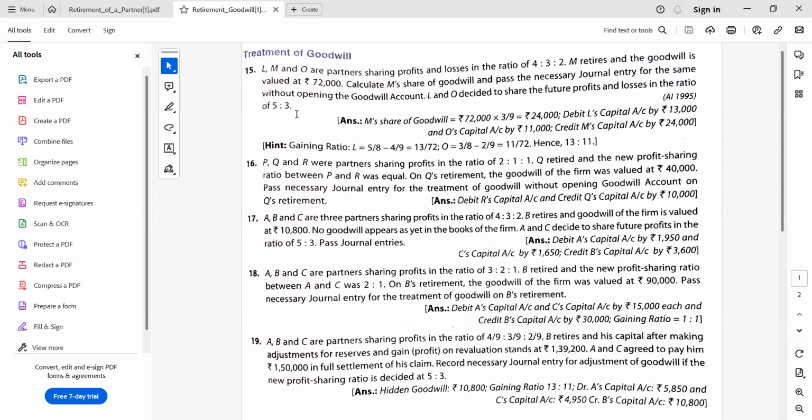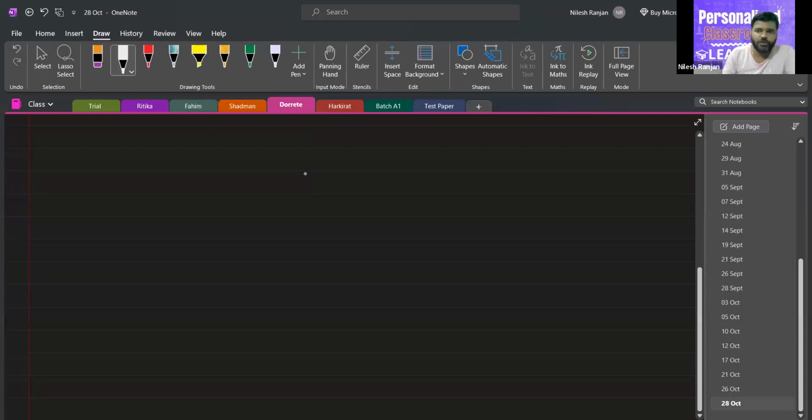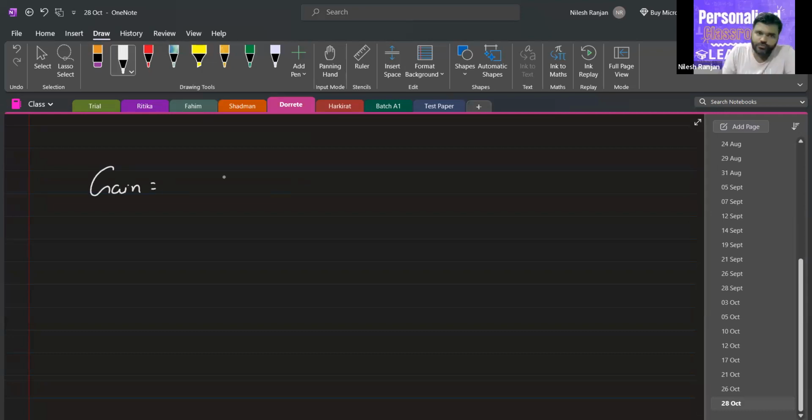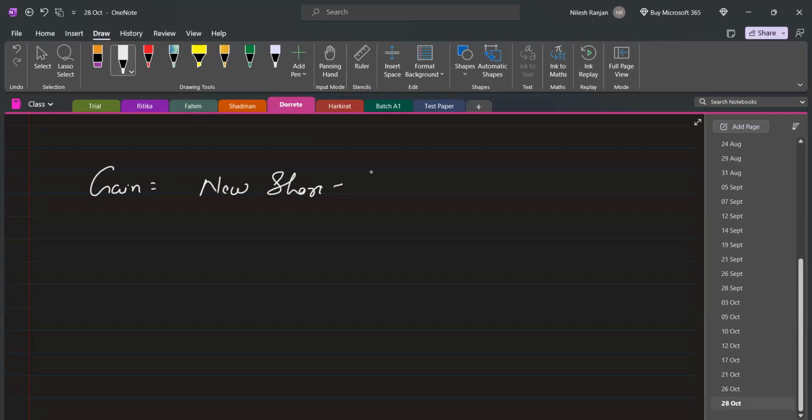Okay. So 4 is to 3 is to 2 and 5 is to 3 is their new ratio. First of all, we have to calculate sacrifice gain. Yes. So gain equals new share minus old. Yes.